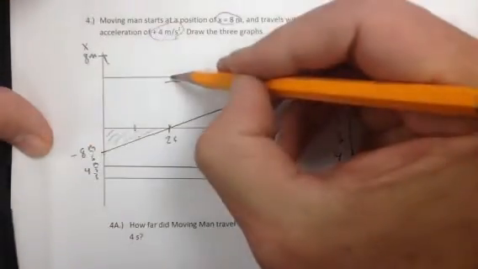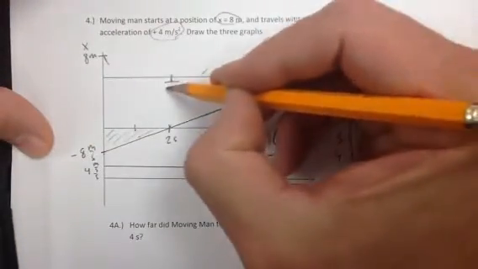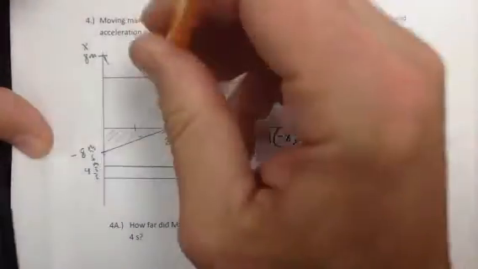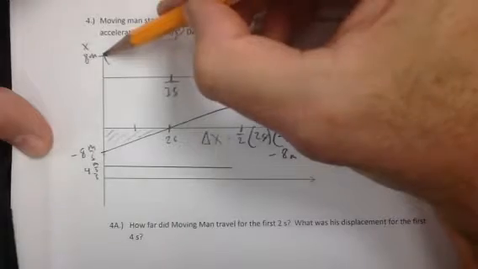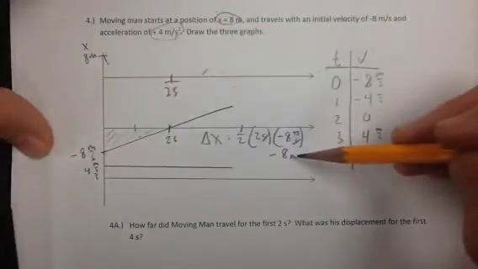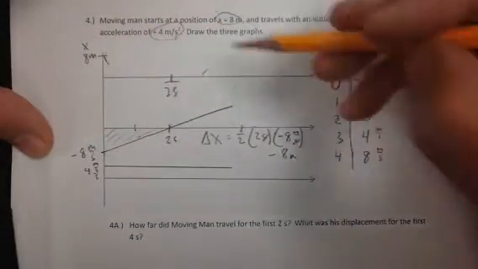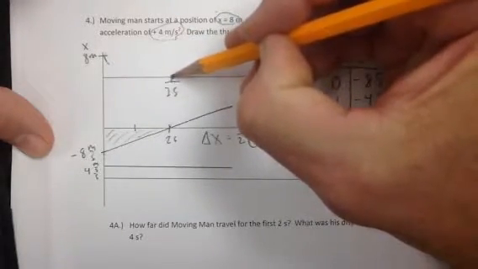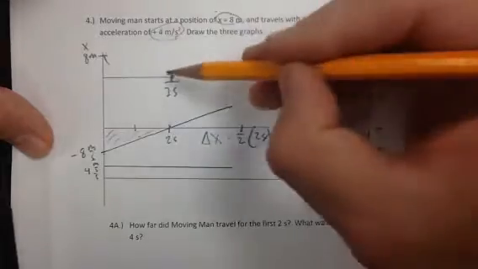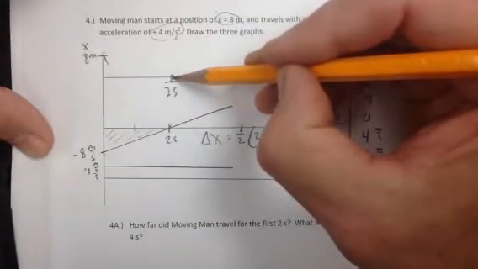So at 2 seconds, we start at 8 and travel in the negative x direction 8 meters, so we end up right here at the origin. And we talked about how the slope at this point is 0.